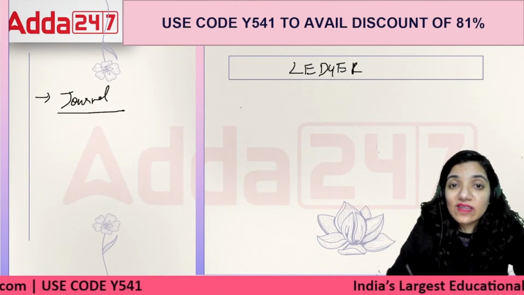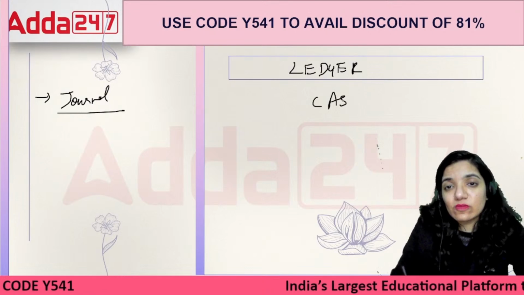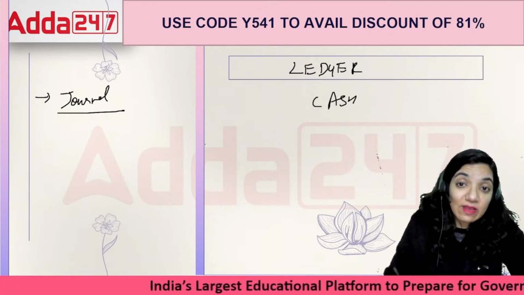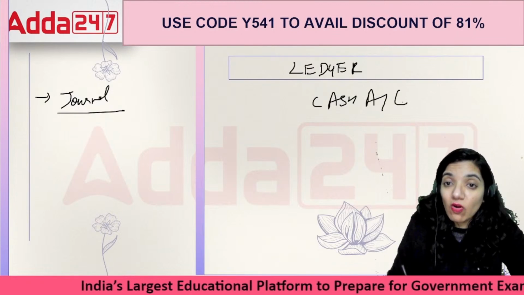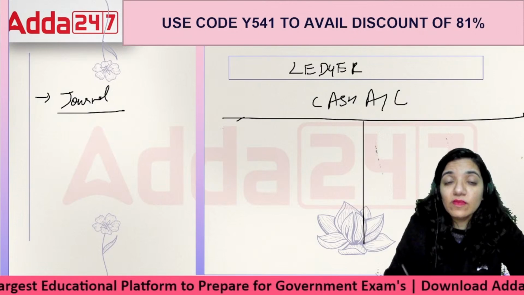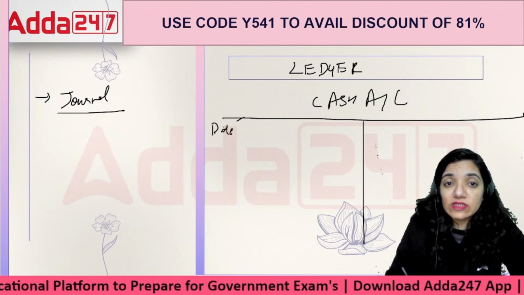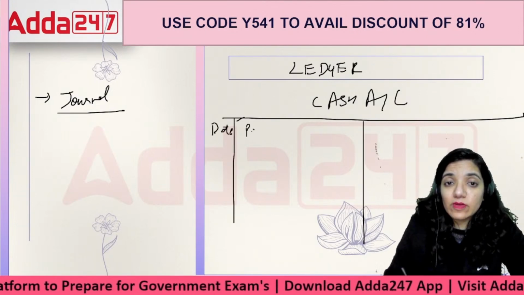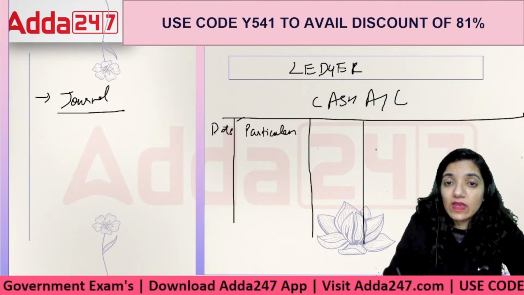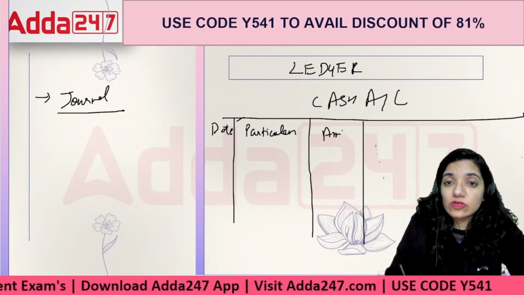How are we summarizing it? If I take up the cash account, all the elements where cash was debited or credited, all those journal entries would be taken up here. We will write date, then particulars, and then amount.